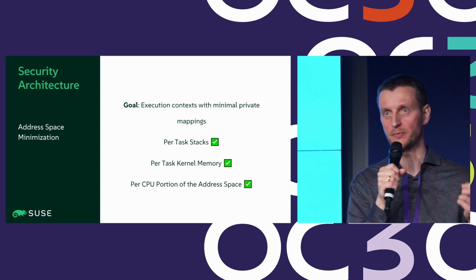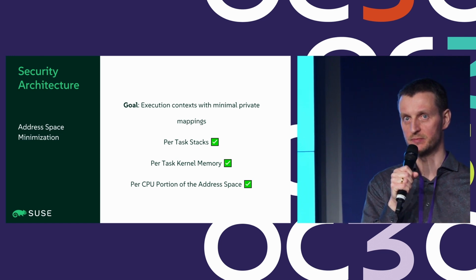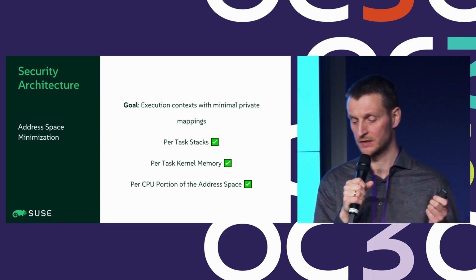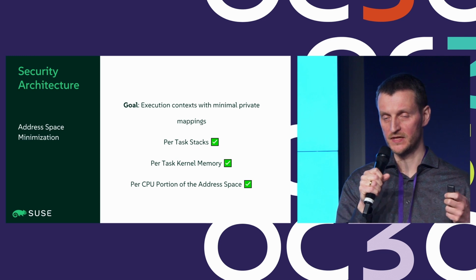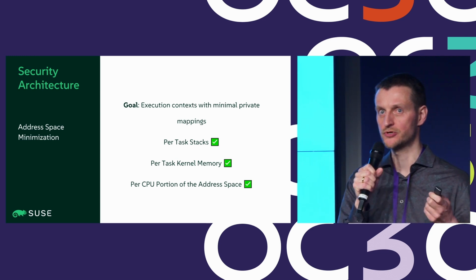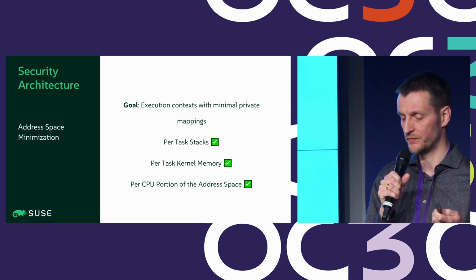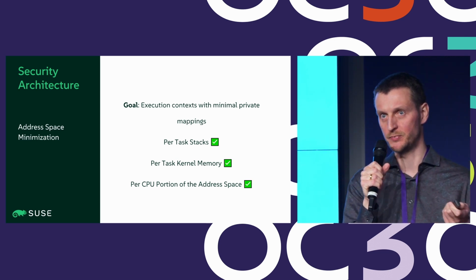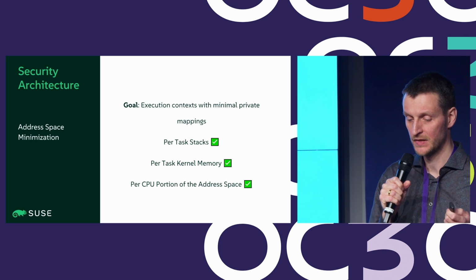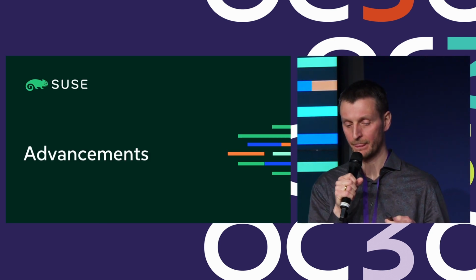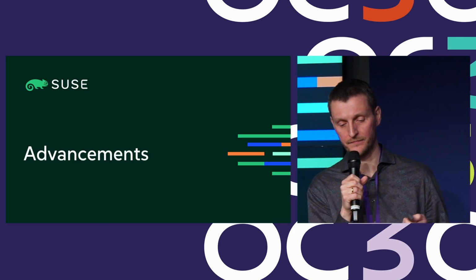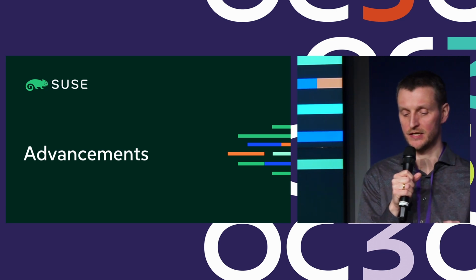This is also only mapped on the current CPU and not accessible by any other CPU. And with this address space minimization, every execution context only has the memory map that it actually needs, which lowers the ability to exploit any bug. So this was the security architecture of COCONUT-SVSM.